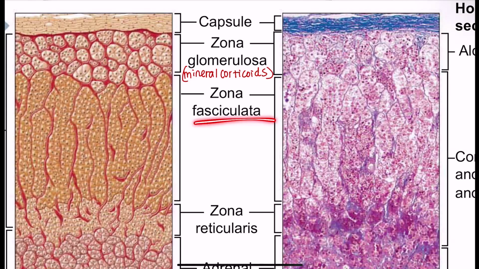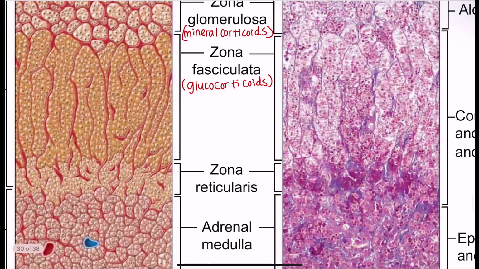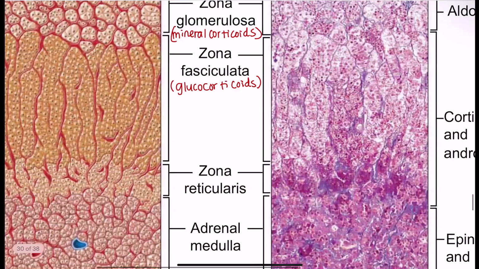In the zona fasciculata, these are usually glucocorticoids, gluco referring to glucose, which regulates metabolic stuff but deals a lot with blood glucose. And lastly, the zona reticularis deals a lot with gonadocorticoids, gonado referring to the gonads, corticoids referring to the cortex.